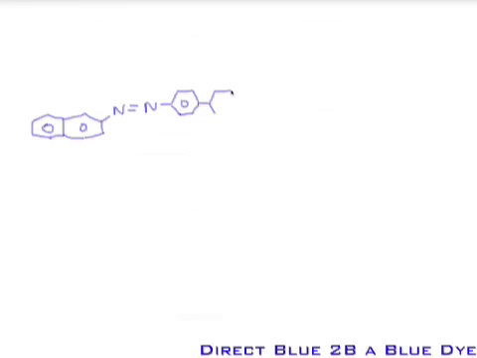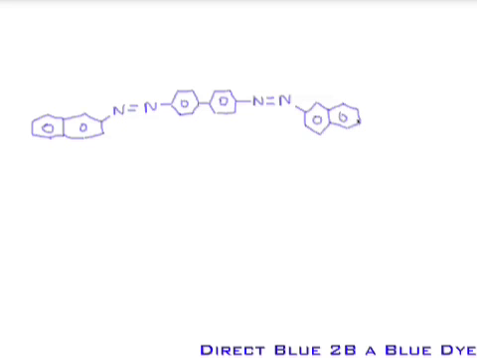Now, in order to get the color blue, remember, we must be absorbing in the reds in order to reflect the blue color. And to absorb in the reds, we have to make the energy gap extremely small. And this will require extensive conjugation.